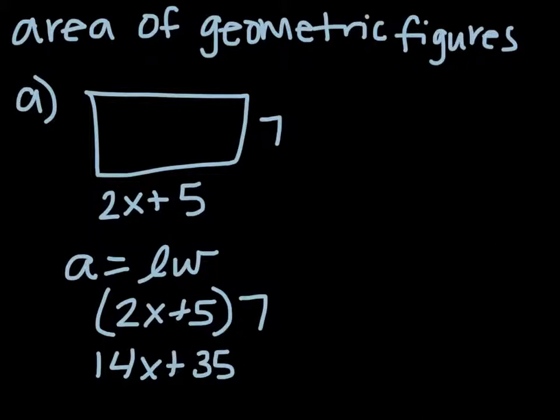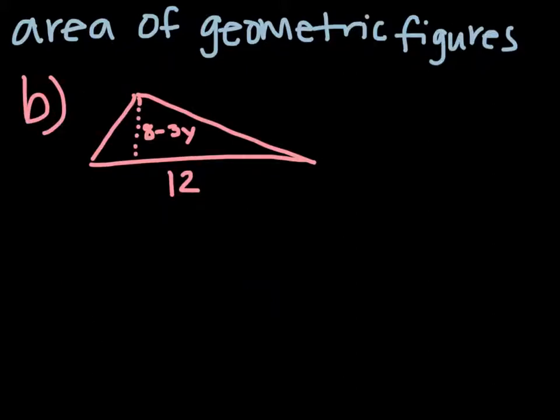Let's try this same idea with area of a triangle. Here we have a triangle with a base of 12 and a height of 8 minus 3y. You'll recall the formula for the area of a triangle is area equals 1/2 of base times height. So we'll complete this problem by simply plugging in the values that we know.